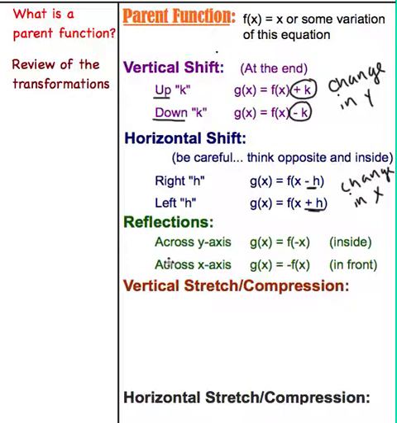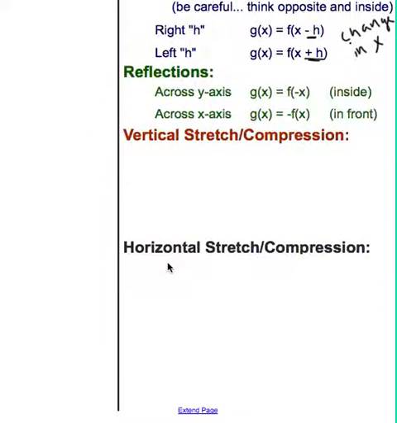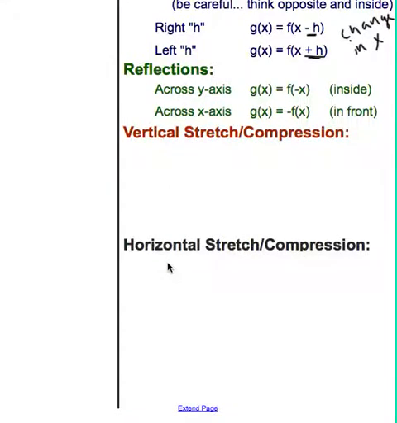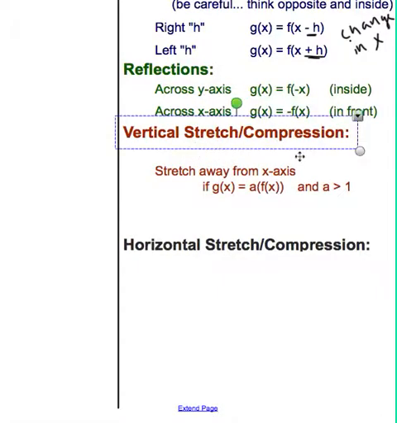The new ones for us are those vertical and horizontal stretches and compressions. When we talk vertical stretch or compression, we are looking at that idea of stretching away from the axis, and this is going to be in front.